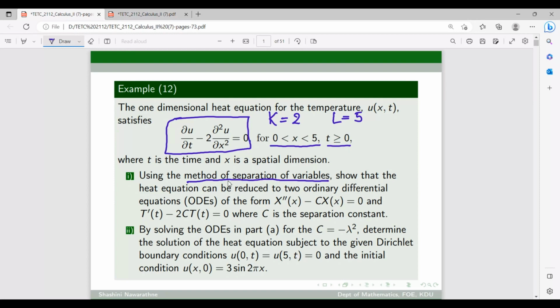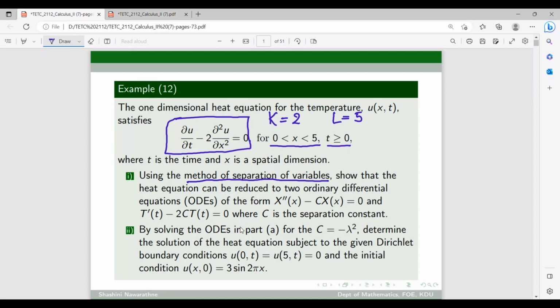We use it to show that the heat equation can be reduced into two ordinary differential equations. This is a partial differential equation, which consists of partial derivatives. Since it is complicated to solve, we are going to convert this into two ordinary differential equations.